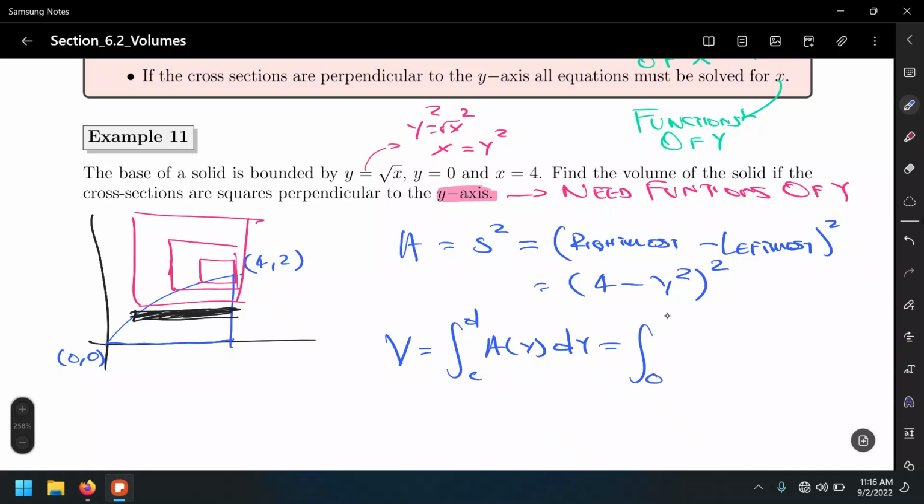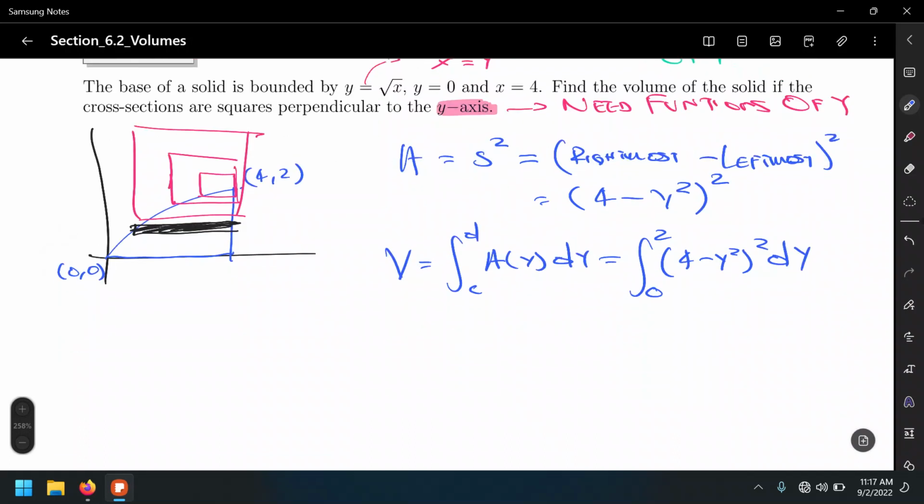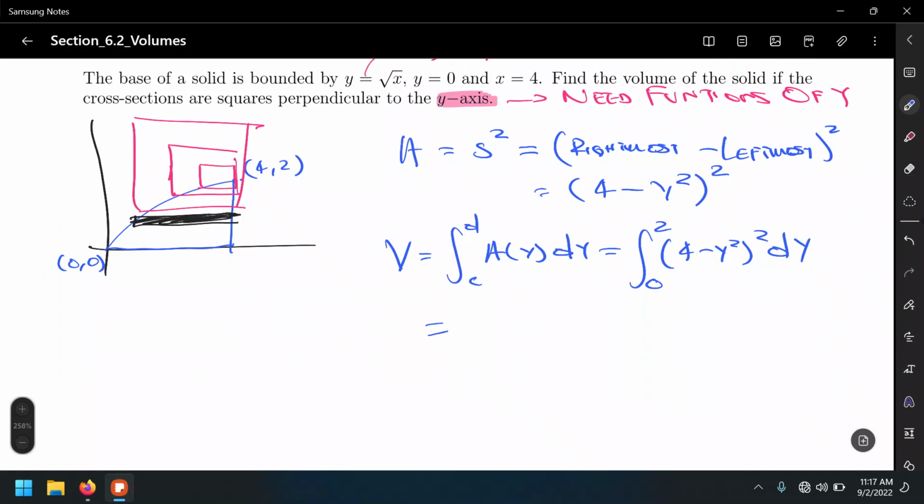So the integral goes from 0 to 2 of 4 minus y squared, quantity squared, with respect to y. To save time, I will just give you the answer to this integral. If you want to compute it on your own, you should get 256 over 15. All we have to do is square the binomial, obtain 3 terms, integrate the 3 terms individually, and then apply the fundamental theorem of calculus. Lucky for us, the lower limit is 0, which reduces the number of calculations significantly.